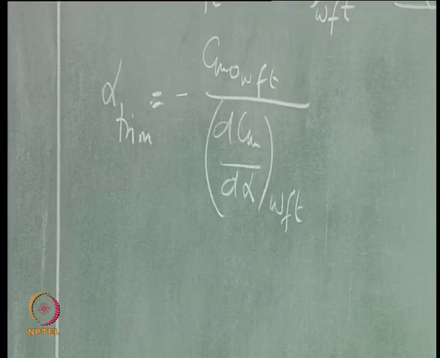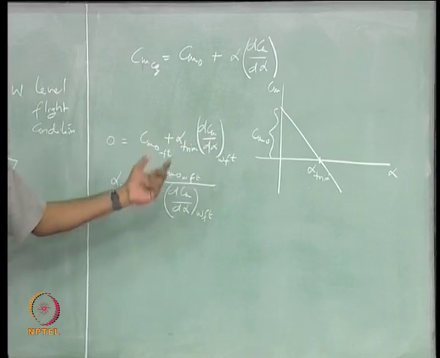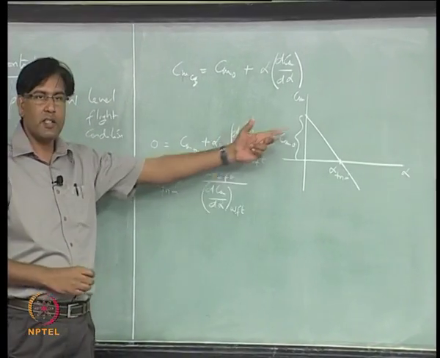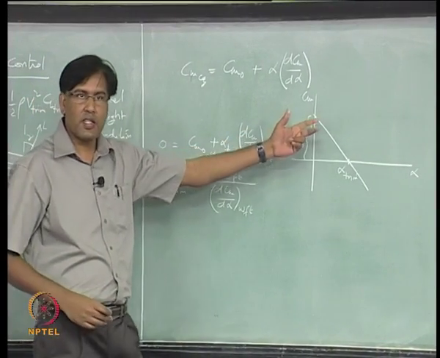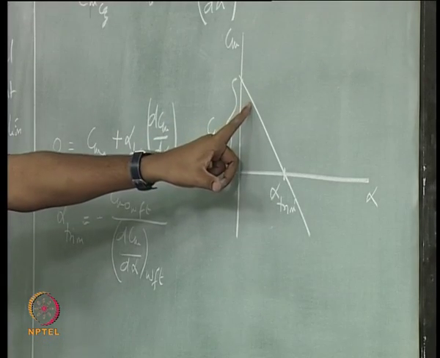And that will have no effect on the stability. Okay, you are changing the Cm naught, you are not changing Cm alpha, right. So it is not going to change the slope of this curve.